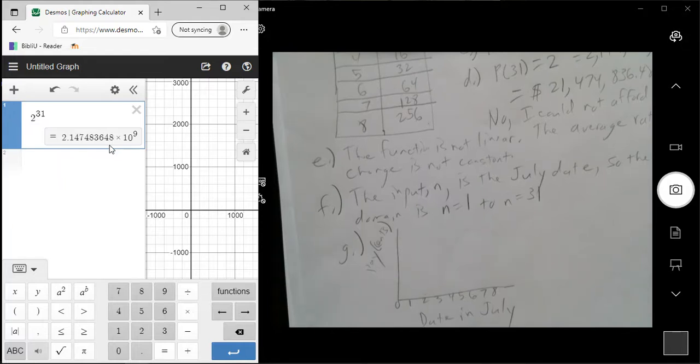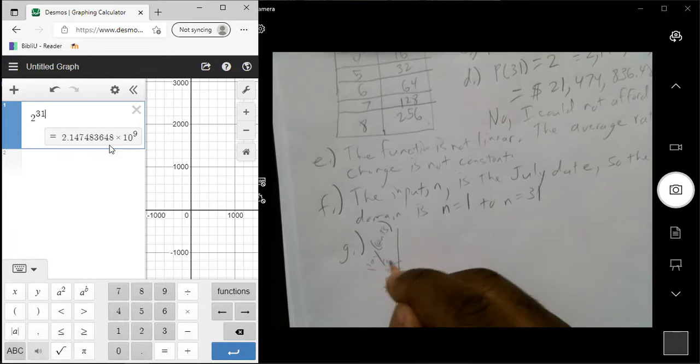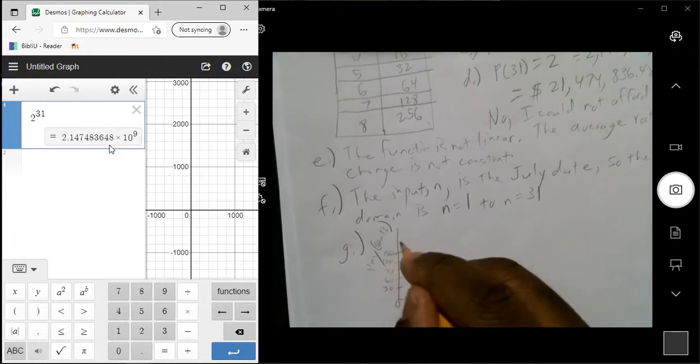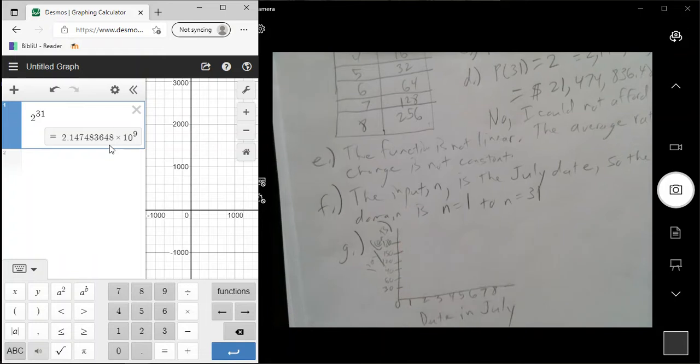So what we could do if we did everything by 30, so that'd be 30, 60, 90, 120, 150, 180, and so on. Because you have the 10 tick marks, I don't here because I have this limited space. So it'll take you up to 300. And then you would just plot the points, starting with day 1. Day 1 would be 2, and so on.